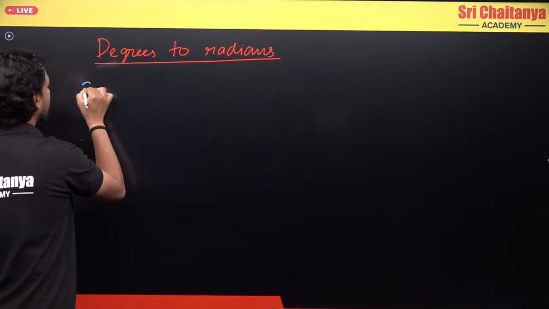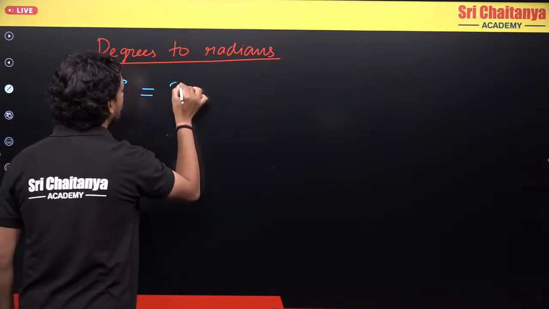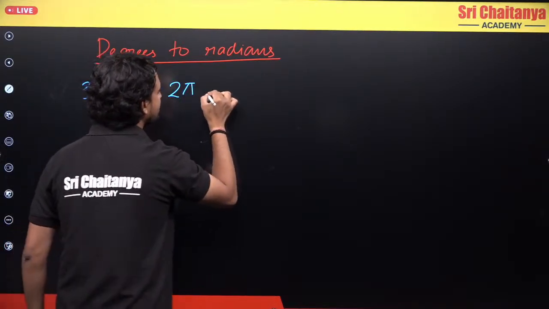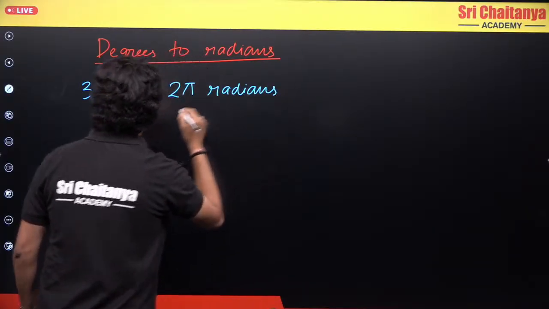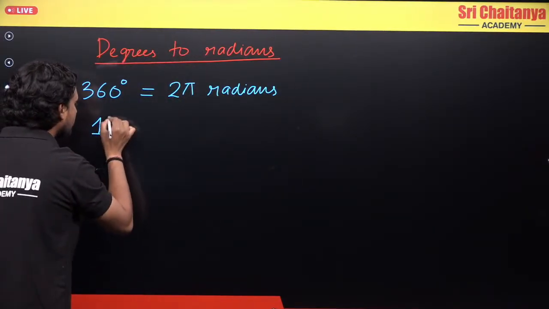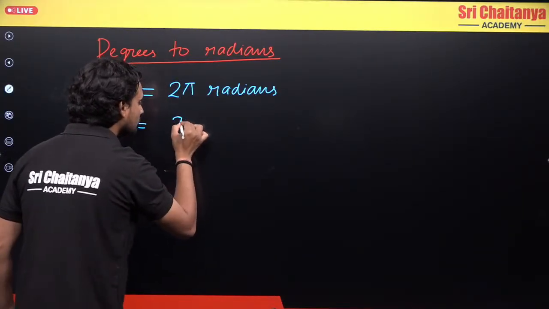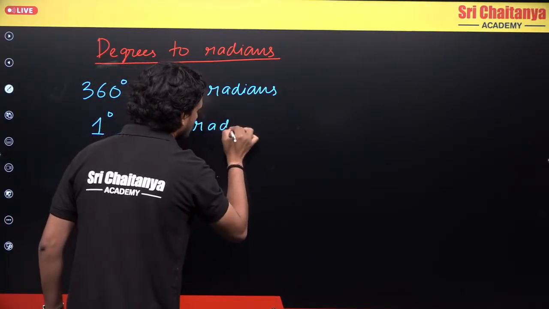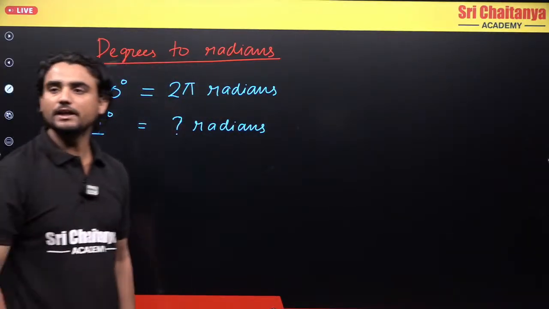I know that 360 degrees is equal to 2 pi radians. So I ask, 1 degree is equal to how many radians? This is a simple unitary method.